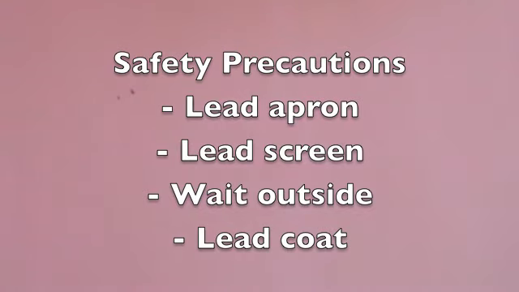In the case of dental operators, you may find they even go outside the room whilst they take the X-ray. And for patients themselves, there are often lead coats that you put on them for all parts that do not need to be exposed to X-rays. So you only X-ray the bit that you need to X-ray, and you protect the remainder of the patient with some kind of lead coat.